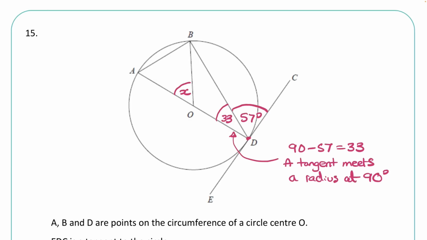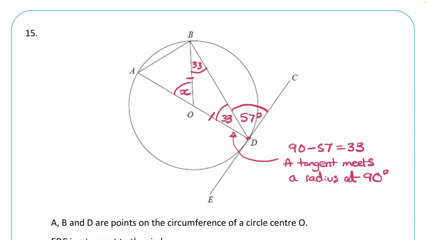Now the next part, we need to sort of think about the diagram here. So we have a few different triangles that are given to us. Now this triangle that we are currently within, this one here, and this length here, both of those lines that I've highlighted are both a radius, which means they are the same length, which means that's an isosceles triangle, which means the 33 is also over here.